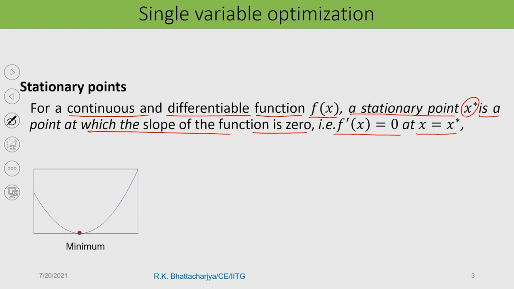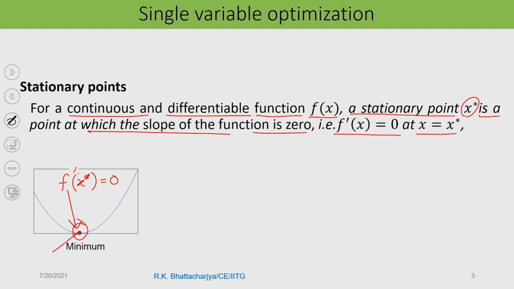Now, let us consider this particular function. Here we have one point. This is a stationary point, that means the first derivative is 0 here. I will write x*, and the derivative is equal to 0, but this is also a minimum point. Why minimum? I am at x* right now.